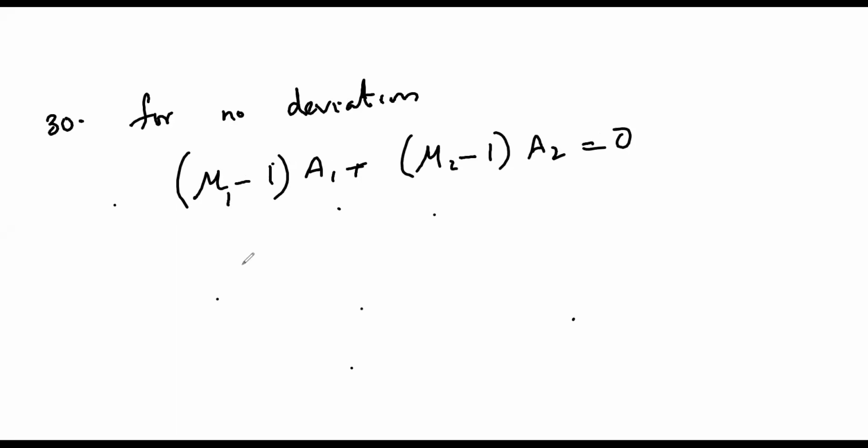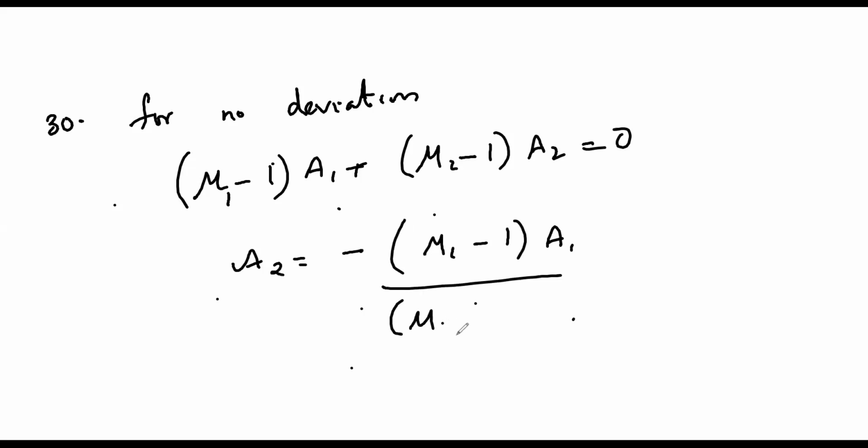Correct? We have to find A2 from this. What is our A2? A2 equals minus of (mu1 minus 1) into A1 divided by (mu2 minus 1). That's it.